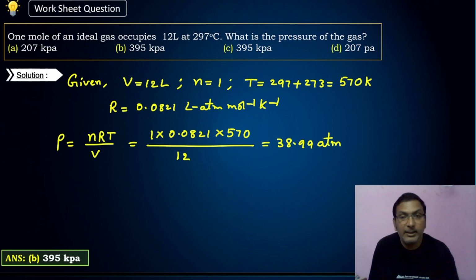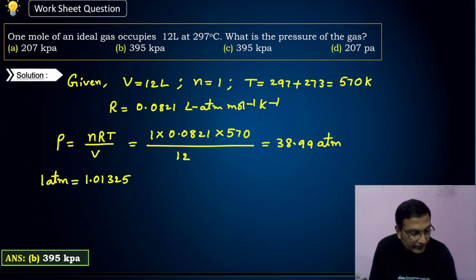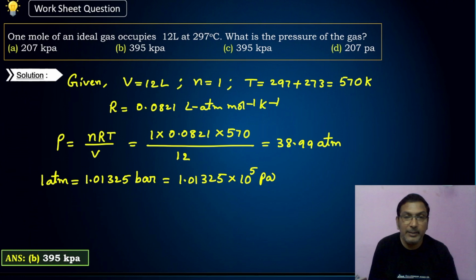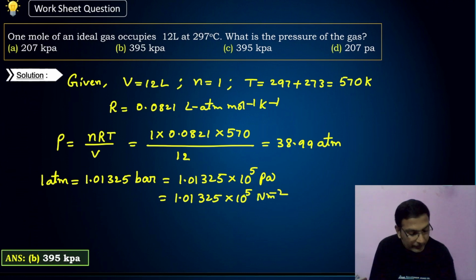Here we have to convert atmospheres into kilopascals or pascals. We know 1 atmosphere equals 1.01325 bar, or 1.01325 into 10 power 5 pascals, or newton per meter square. 1 pascal equals 1 newton per meter square. So we can write 101,325 pascals.